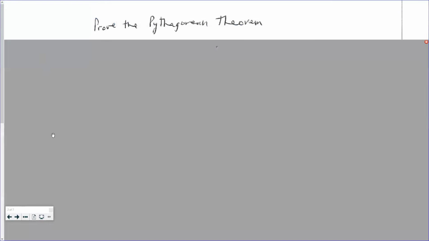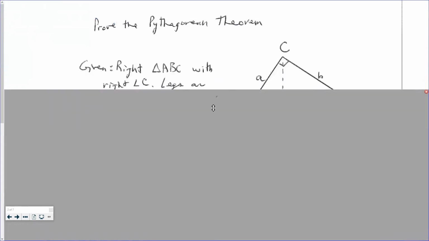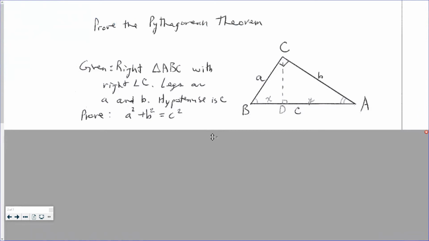Okay. So this is going to be a proof of the Pythagorean theorem. We have triangle ABC and right angle C. The legs are a and b.